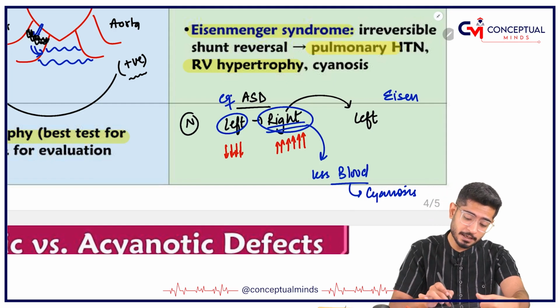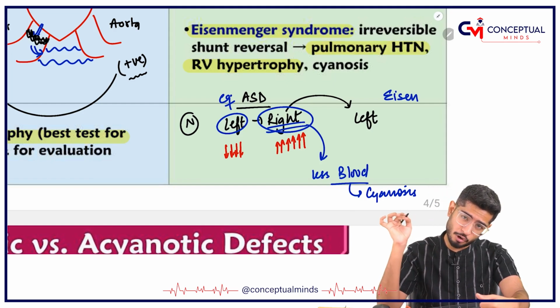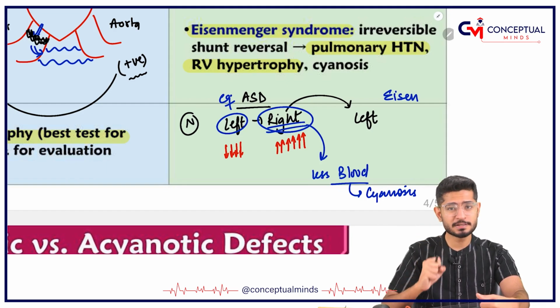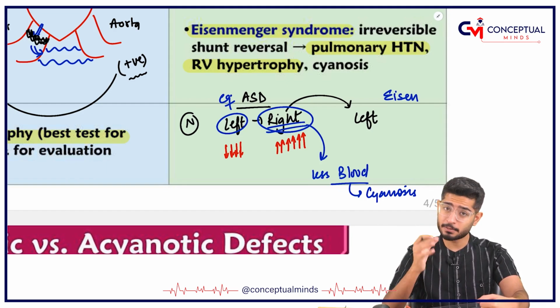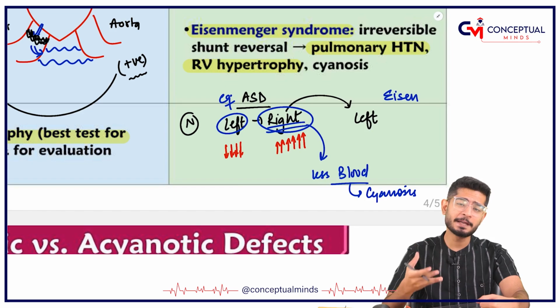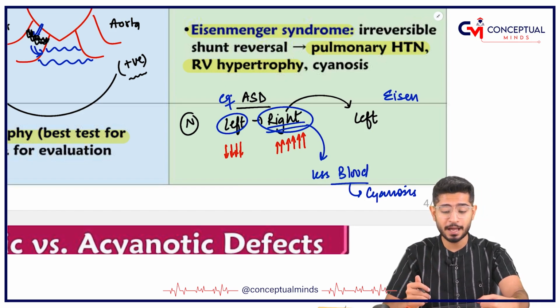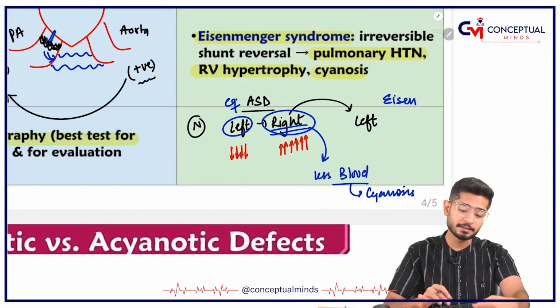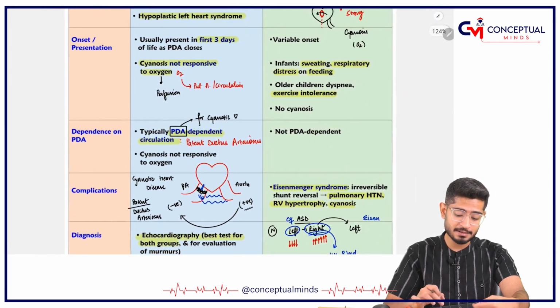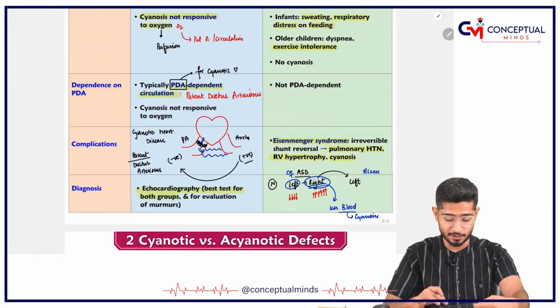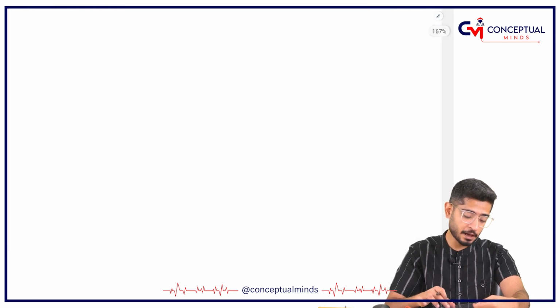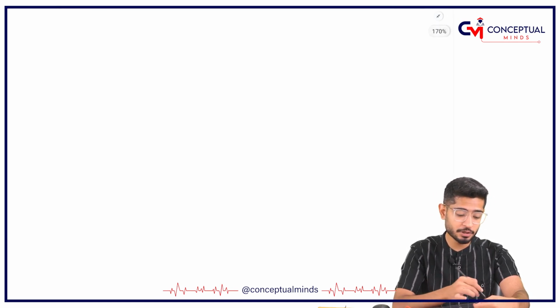And because a lot of pressure is coming from behind in the pulmonary artery, although blood is less, the pressure is more, and high pressure in any circulation is called hypertension, my dear friends. So there will be pulmonary hypertension, right ventricular hypertrophy, and cyanosis in Eisenmenger syndrome. Okay, so I think now the things are very clear to you.